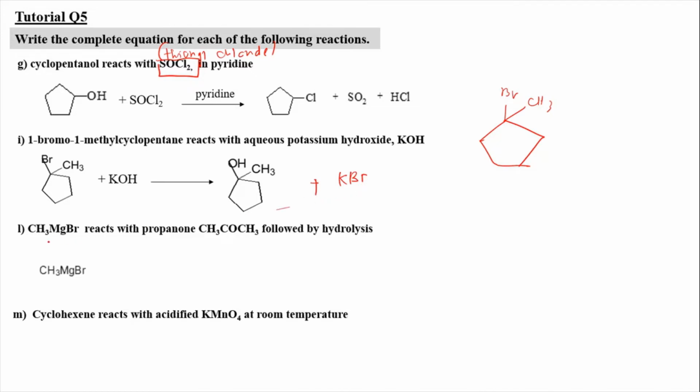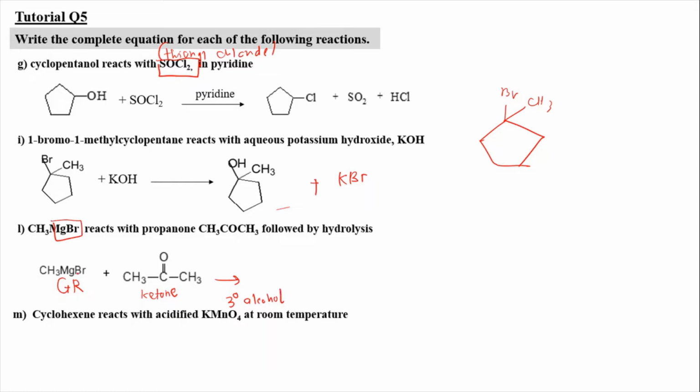Now we're going to do question number L, which is CH3-MgBr. You know that it is acting as a Grignard reagent. When there is MgBr, automatically it reminds you about a Grignard reagent. This is going to react with propanone, which has a formula of CH3, C double bond O, CH3. So this is a ketone. When a Grignard reagent reacts with a ketone, you know that you're going to produce a tertiary alcohol.